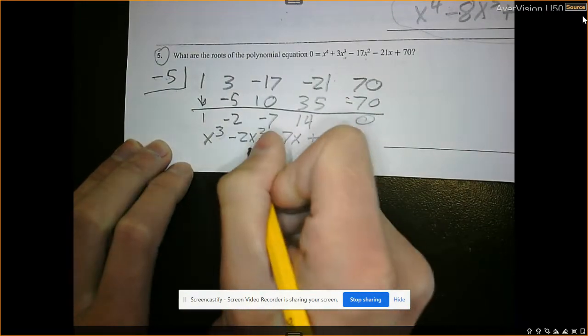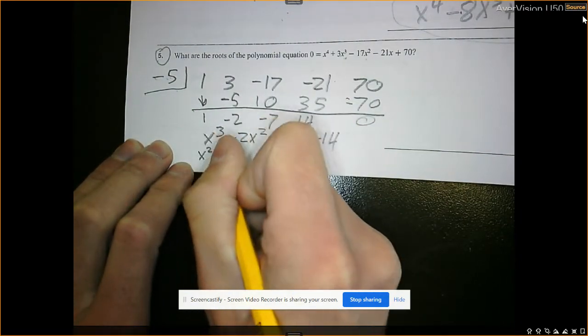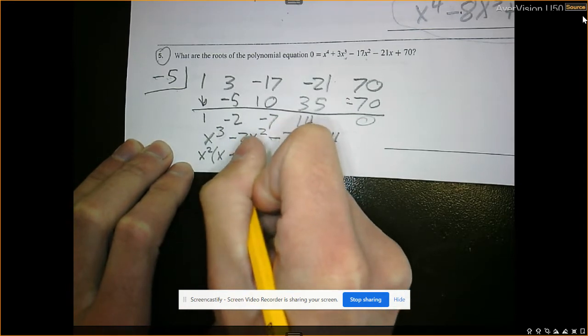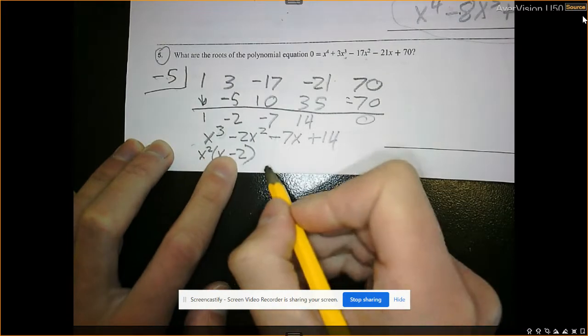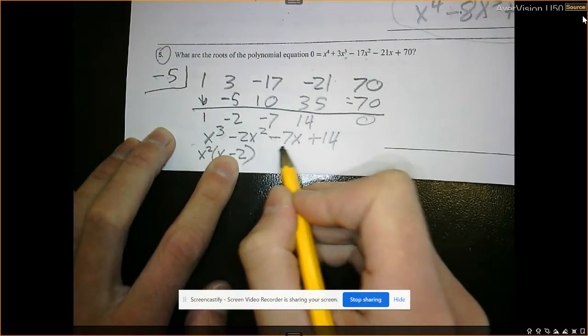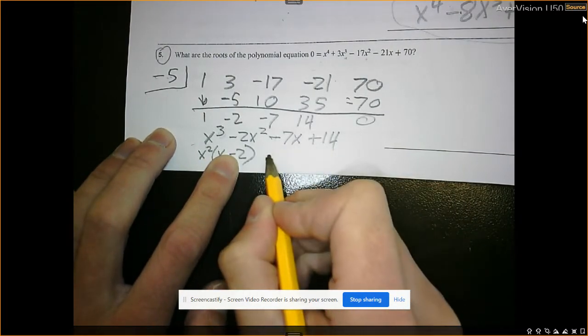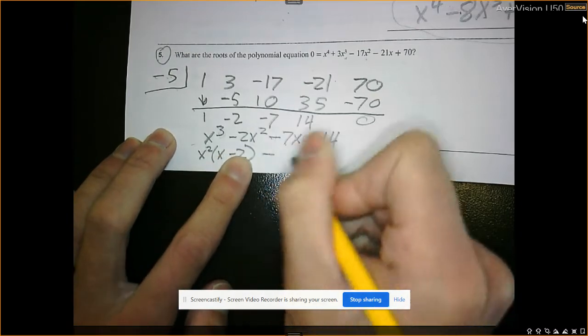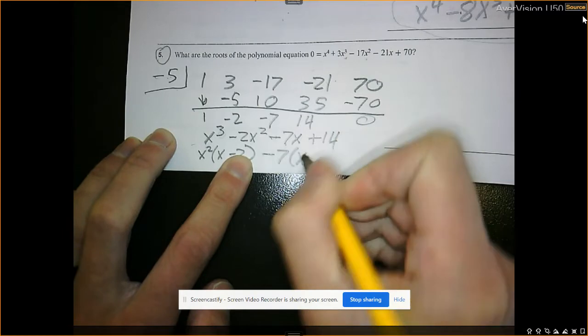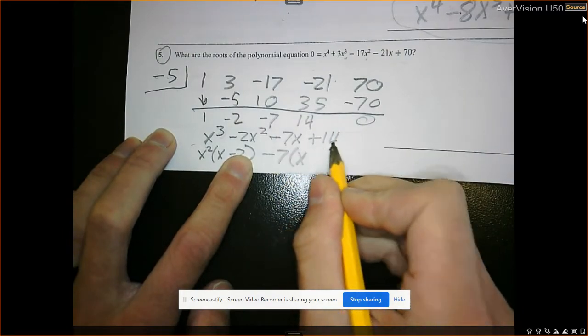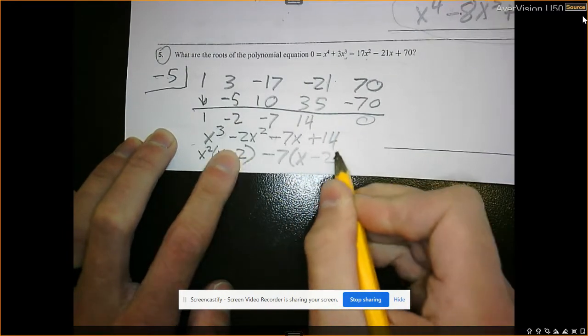So let's look at these two separately. The biggest thing I can take out of both of these is just an x squared. Then I get x minus 2 when I divide both of these by x squared. Here I can pull out a -7 from both. When I do that, I get just an x. 14 divided by -7 is -2.